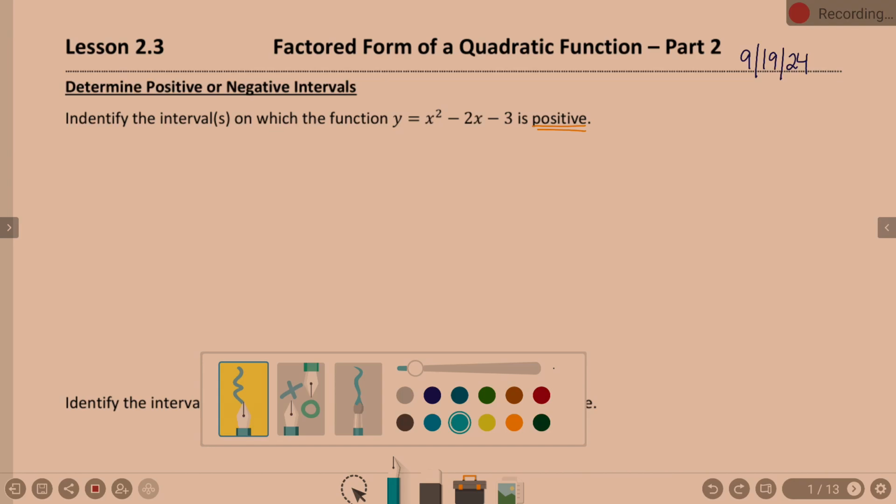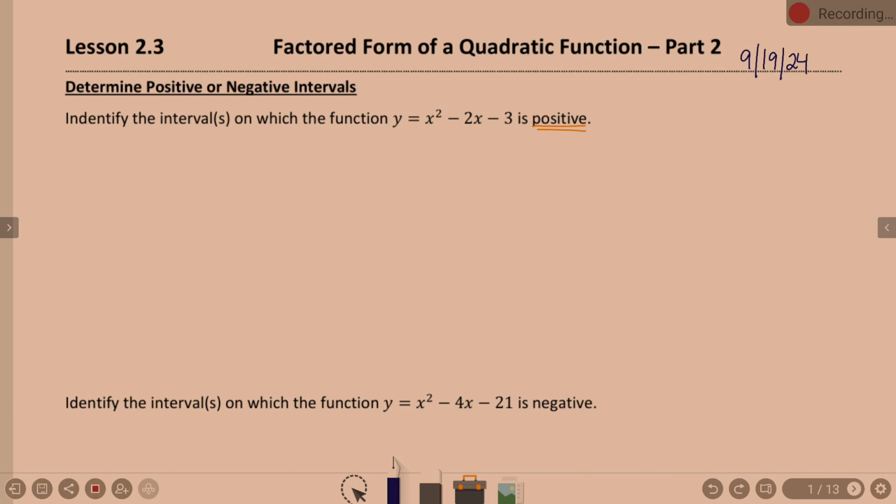With that in mind, how do we figure out where a graph crosses the x-axis? Solve for x. And what were we doing in the first part of this lesson to solve for x?